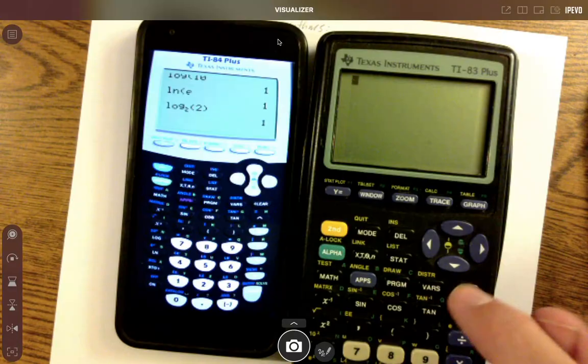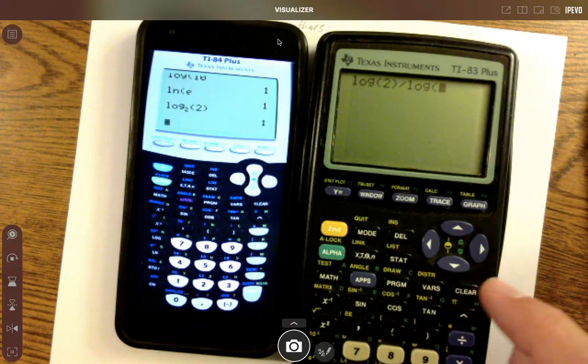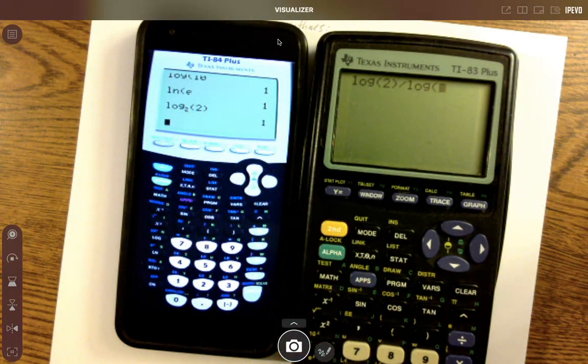It's like a trick, really. You take the log, base 10, of 2 divided by the log of whatever base it is you want. The base here is 2 as well, so it'd be log base 2 of 2, and that would give me the 1 that I want.